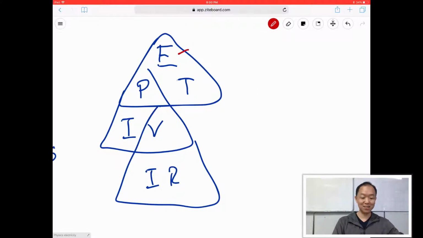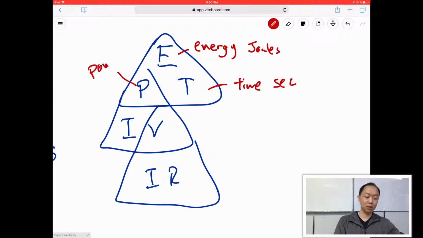Okay, so E here stands for energy. Energy is in terms of joules, that's the SI unit. T is time, and the SI unit of time is seconds. P here is power. Power is in terms of watts, SI unit.